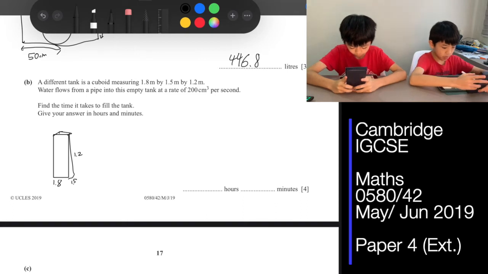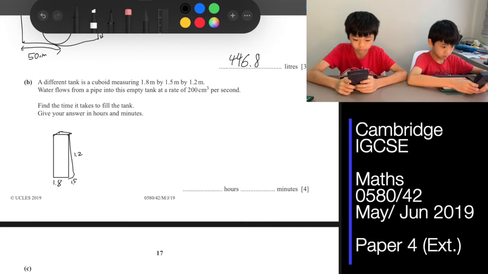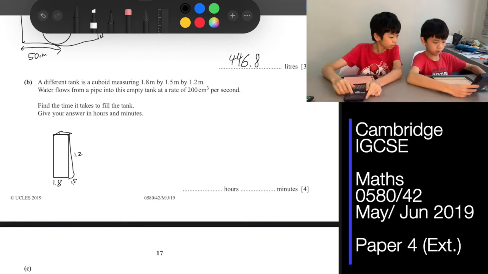So first, we calculate the volume of this cuboid, assuming that the thickness of each wall is 0. 1.8 times 1.5 times 1.2 is 3.24.